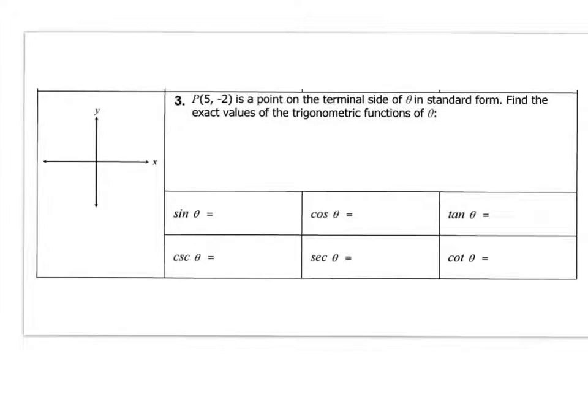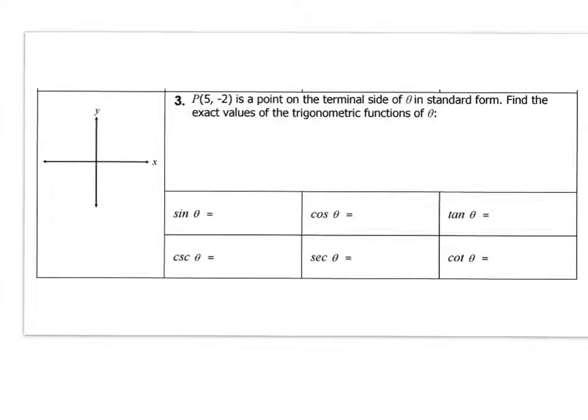All right, what they're going to do next is they're going to give us a point. Here it's (5, -2). They're going to tell us it's on the terminal side of an angle in standard form, and we've got to find all the trig functions, okay?